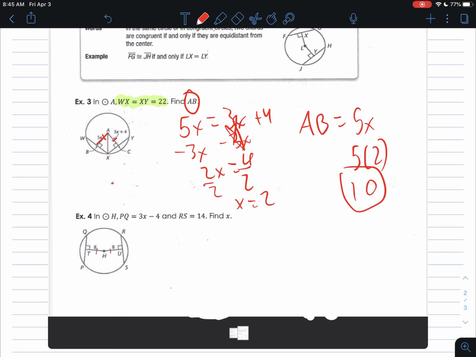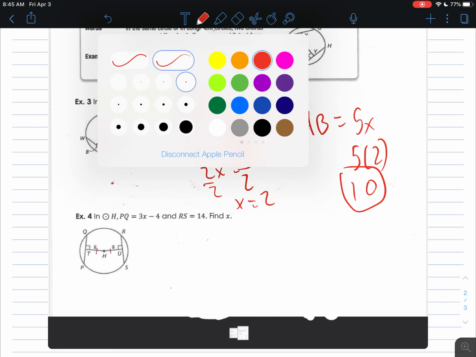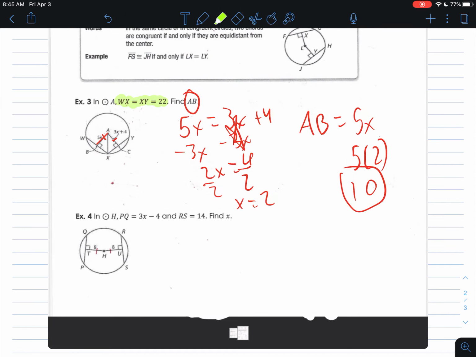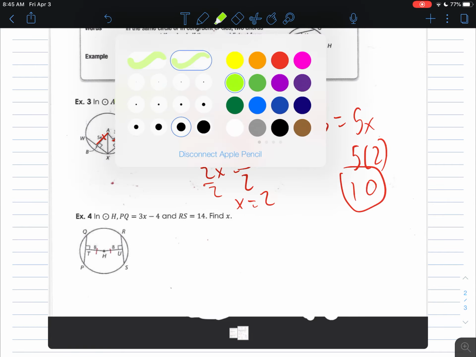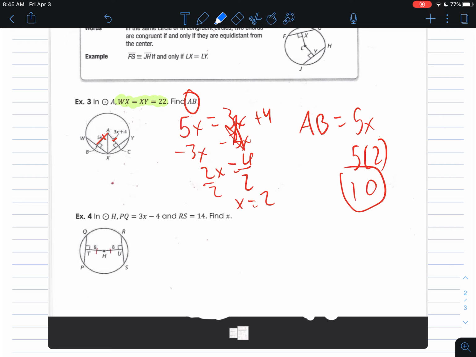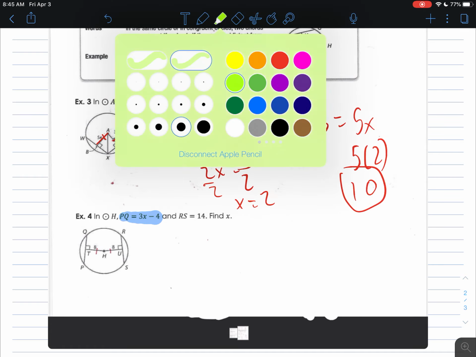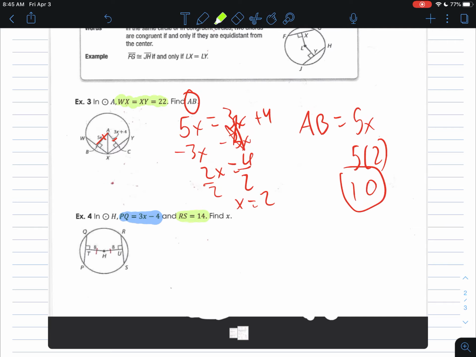Alright, and then last but not least, example number 4. Okay, in circle H, PQ equals 3x minus 4, and RS equals 14.